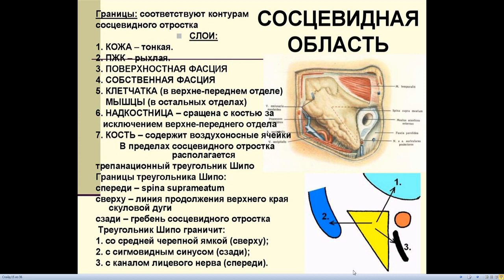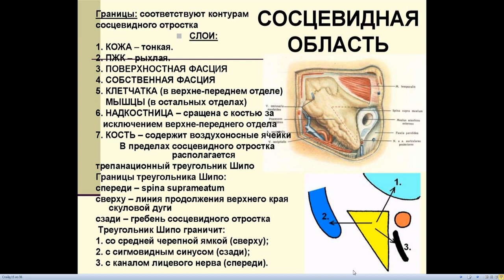Third layer is presented by the intracranial venous sinuses of the dura mater encephalon.